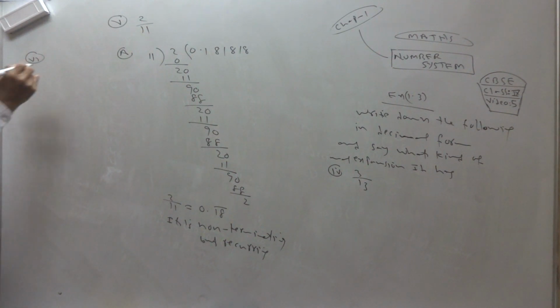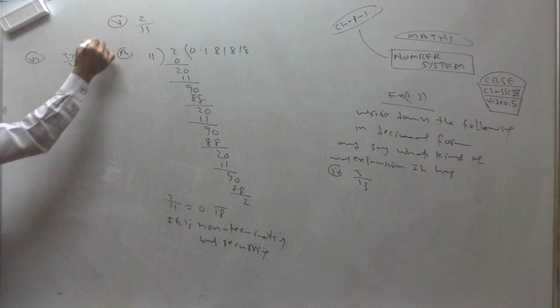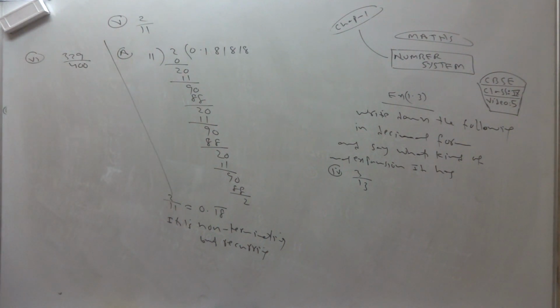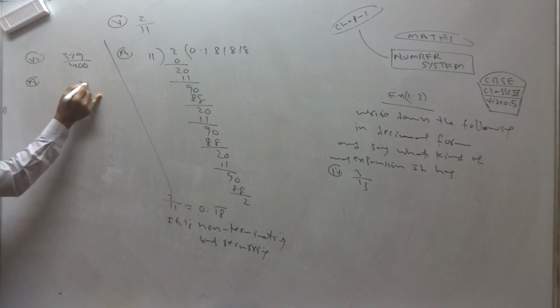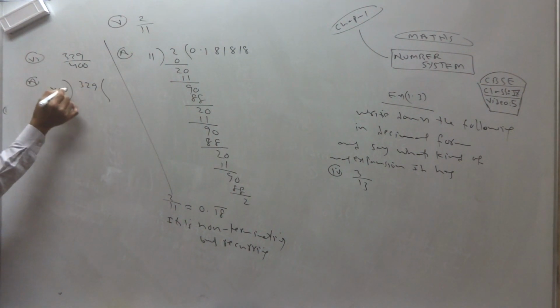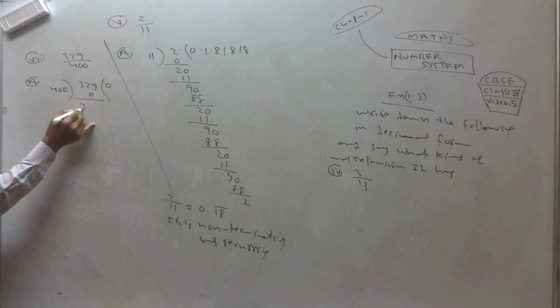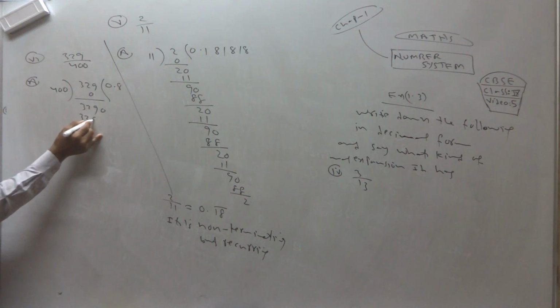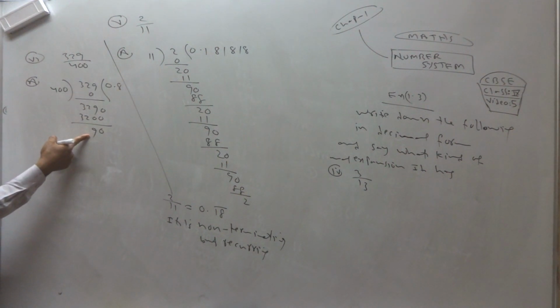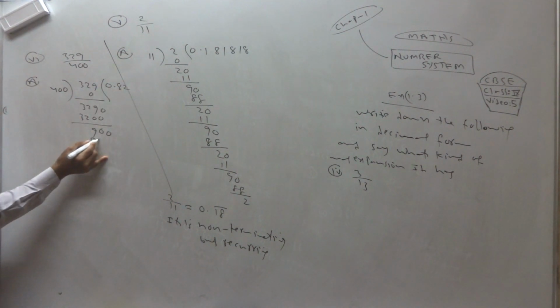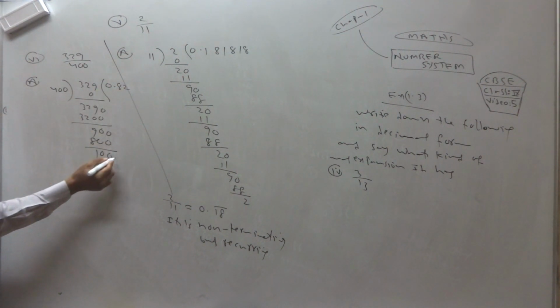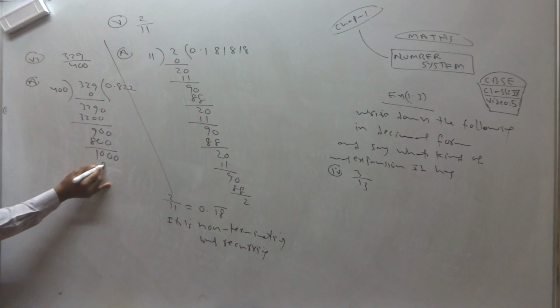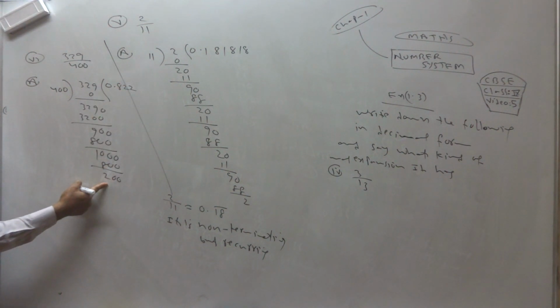Okay. Now the last bit is the sixth. 329 by 400. Yes, this is the last question of that. So 329 divided by 400. 400 zeros are 0. This is left. Put decimal and 0. 400 eights are 3200. 90 left. 400 twos are 800. 100 left. 400 twos are 800. 200 left. 400 fives are 2000.